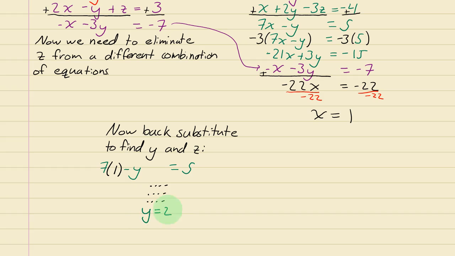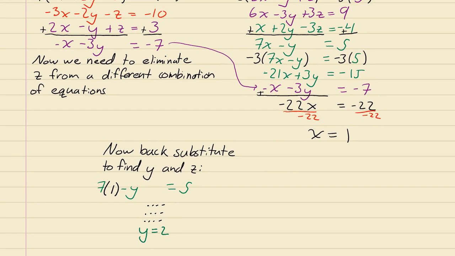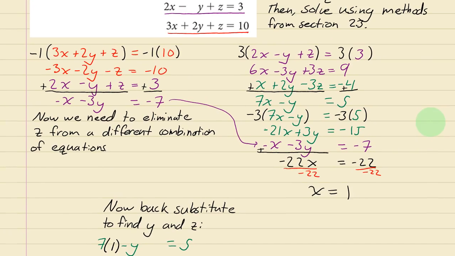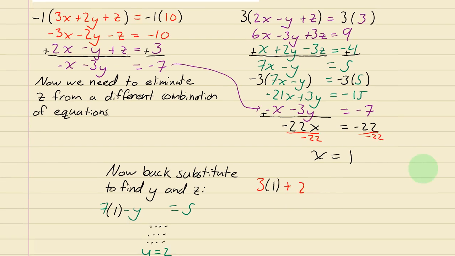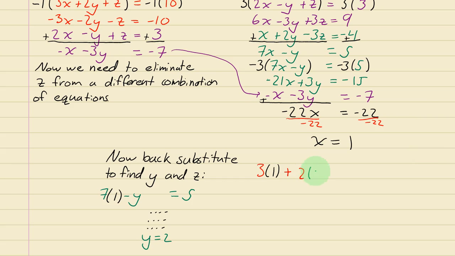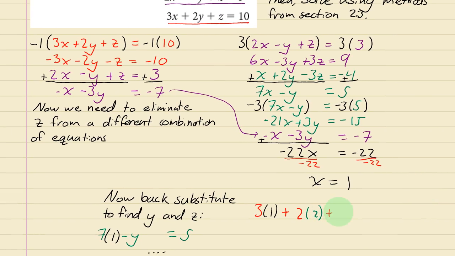And once you know x and y, you can plug them into any one of the equations that has x and y and z in it. Maybe I'll just use the original orange equation. So that's going to be 3 times x, which is 1, plus 2 times y, which is 2, plus z equals 10.